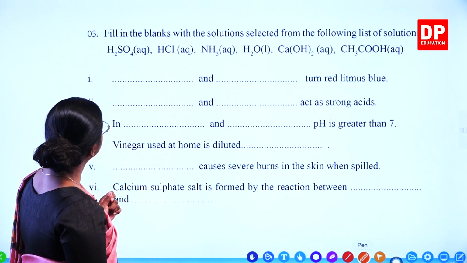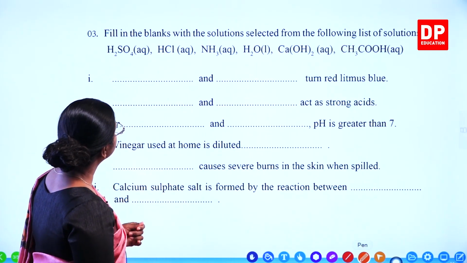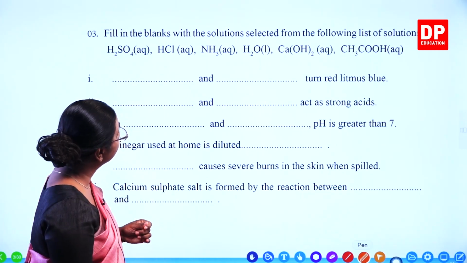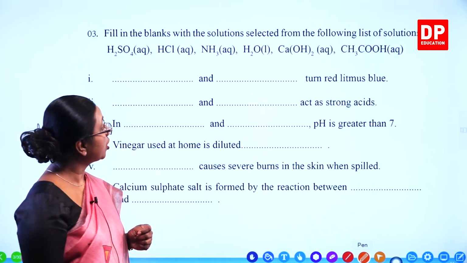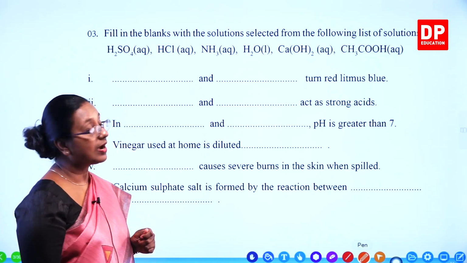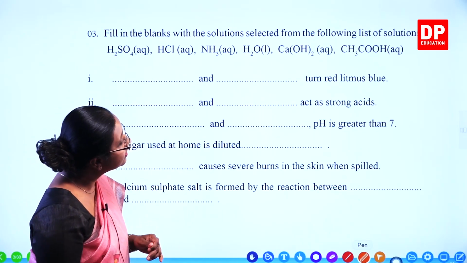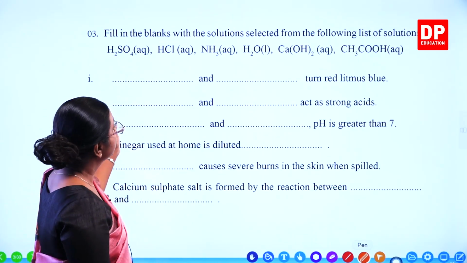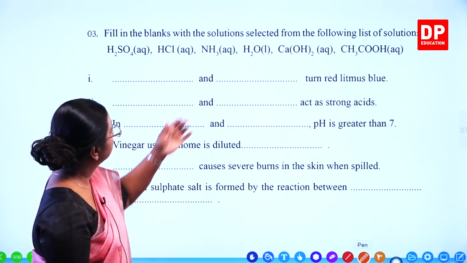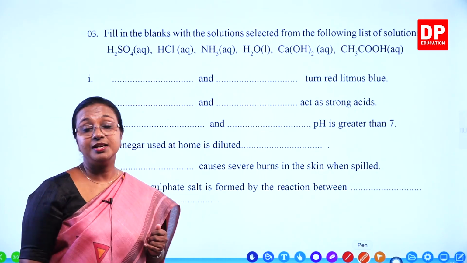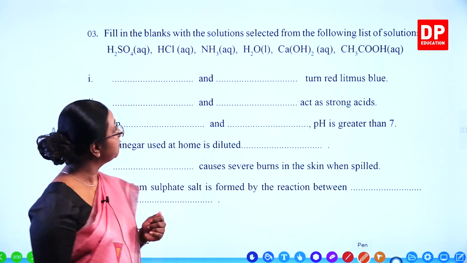Sulfuric acid H2SO4 aqueous, hydrochloric acid HCl aqueous, ammonia NH3 aqueous, H2O liquid is water, calcium hydroxide Ca(OH)2 aqueous, then CH3COOH aqueous is acetic acid. So here, the two substances that turn red litmus to blue, red litmus to blue means they have to be bases.